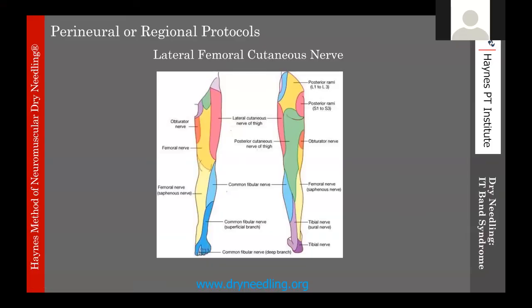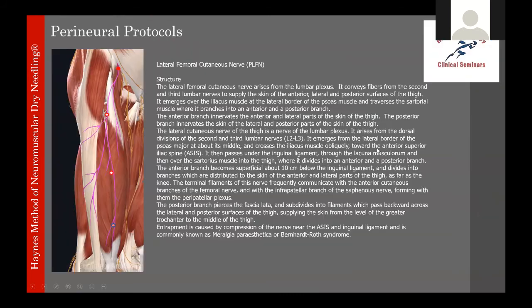I'm not going to demonstrate this, but on the perineural for the lateral femoral cutaneous nerve, obviously it's got a lateral sensory distribution. And as we look at the anatomy there, it's going to come out just a little anterior to the sartorius as it comes down.